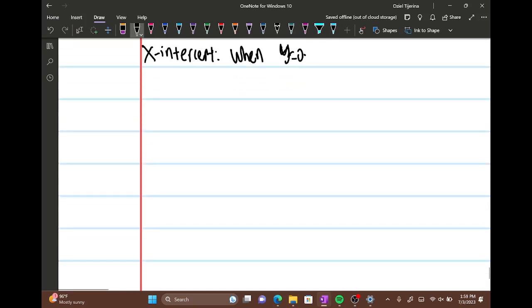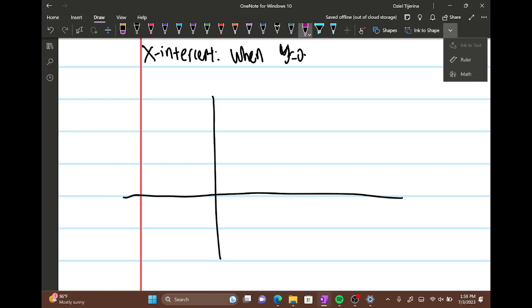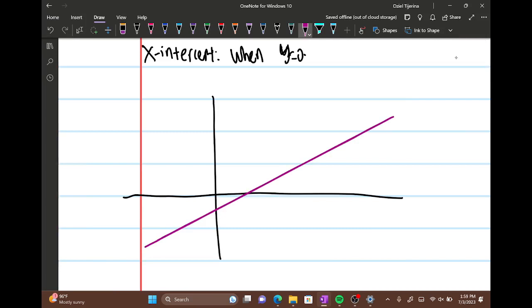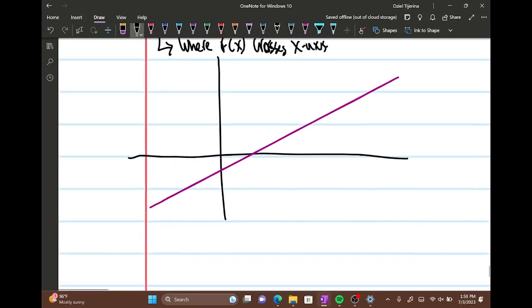Graphically, the way this looks on a line, right? Let's say I have some line here on this coordinate plane, and my x-intercept is where f of x crosses the x-axis.